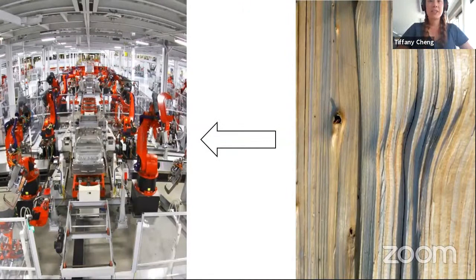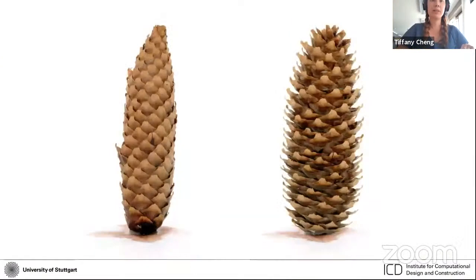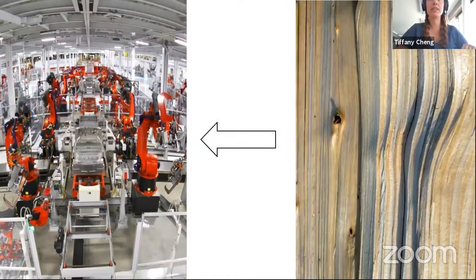What we're interested in, in our group, is rather than starting with the robot or the machine, which imposes the shape onto the material, usually with high energy, with motors, controllers, robots, inverting this relationship to allow the material to take a more active role in its own formation.